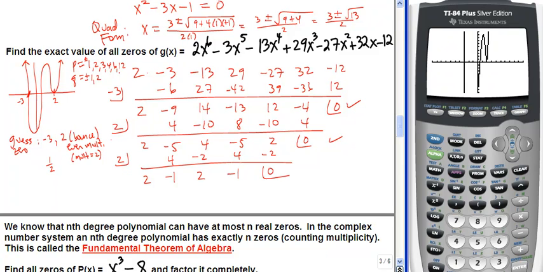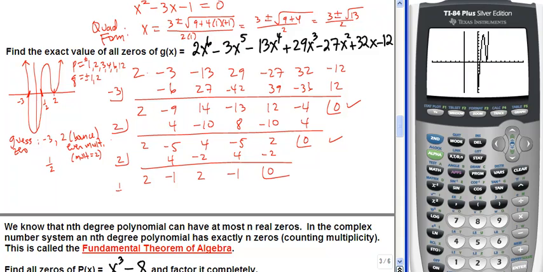Can I get a 1/2 out of this? Yes, if I do this 1 for the p over this 2 for the q, then 1/2 is a potential rational 0. So what I'm just trying to remind you of is that rational 0 theorem, it can be used to help justify why you might guess that this is hitting right at 1/2.